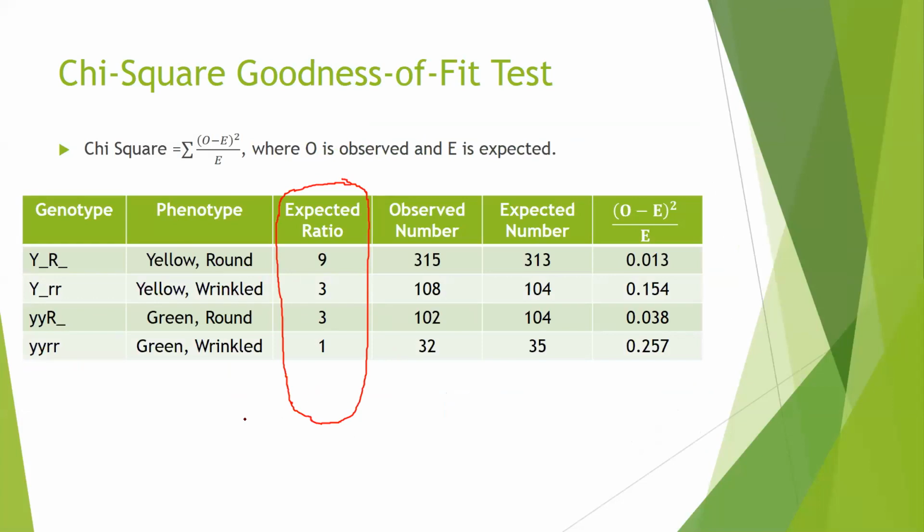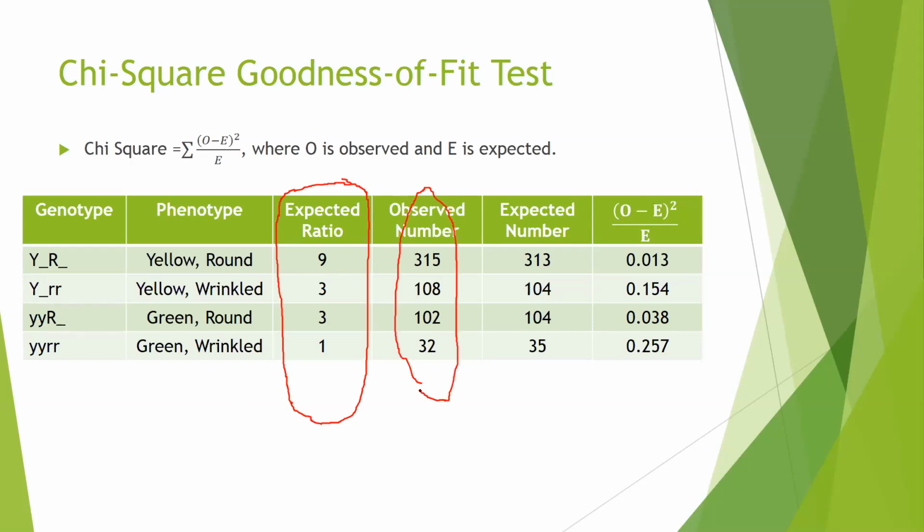Now we can perform some experiments. For example, if we copy Mendel's pea plants experiment, we can generate a lot of data. So this is the data we have.